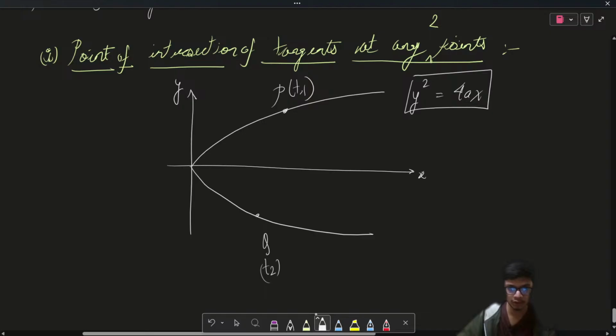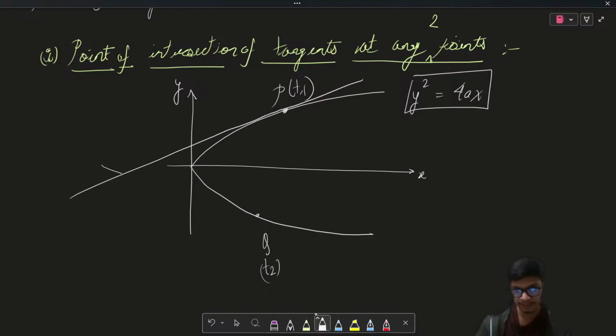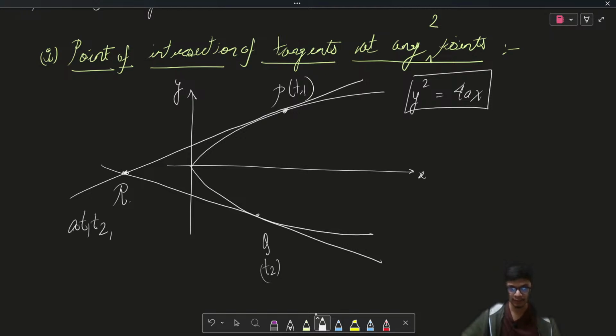If I draw a tangent at point P and a tangent at point Q, these two tangents intersect at some common point, let us call it R. We'll see that this point R has the coordinates a times t1 t2 comma a times t1 plus t2.